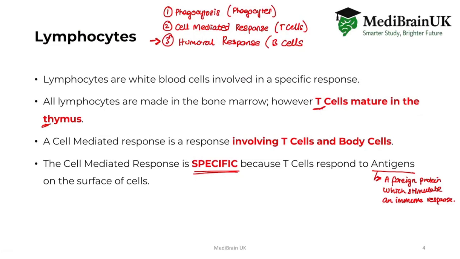We know that after phagocytosis has occurred, the phagocytes take in the pathogen, break it down, and the antigens which come from the pathogen, they will present those antigens on their surface. So the phagocyte becomes an antigen presenting cell.